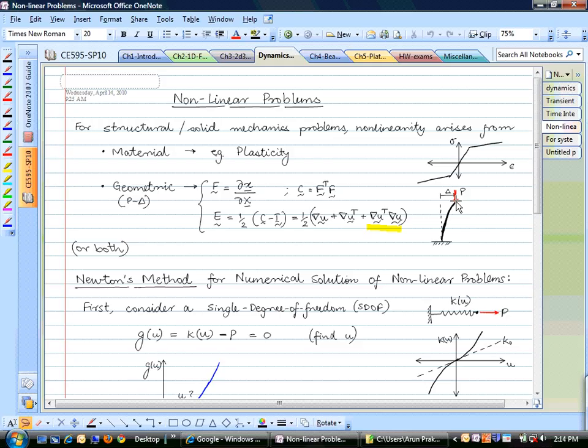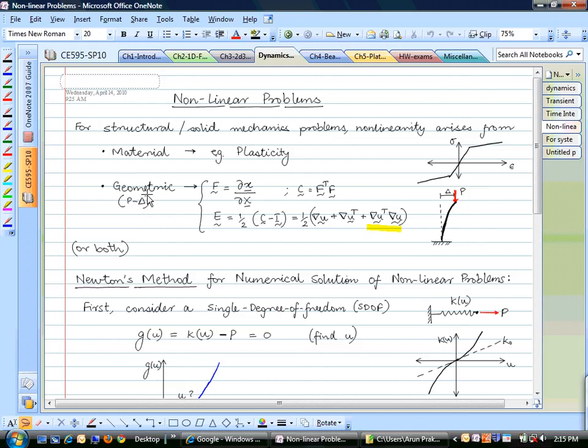That's the linear problem. But for nonlinear problems, you can see that this type of a column, after a certain load, will buckle and have instabilities. I don't know if anybody here is taking a course on stability of structures. All that formulation depends upon these second order effects.